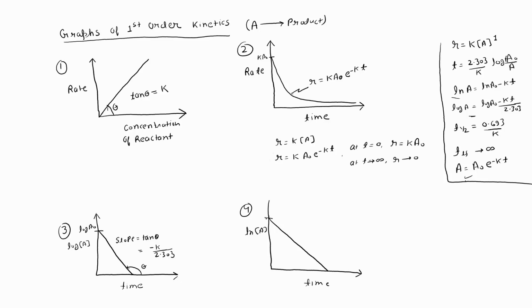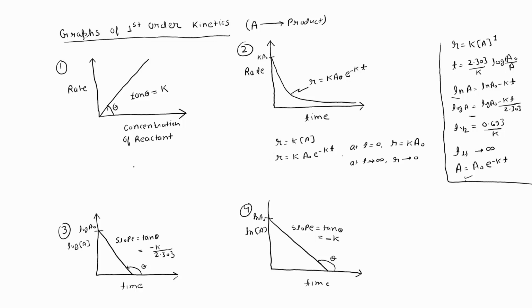The only difference is that here we have ln A, the intercept is ln a naught, and if this is your theta measured anticlockwise, then slope is tan theta, which is minus k, not minus k divided by 2.303. Okay, so these two curves may be given, or you may have this curve also. A question may come according to an equation like this.